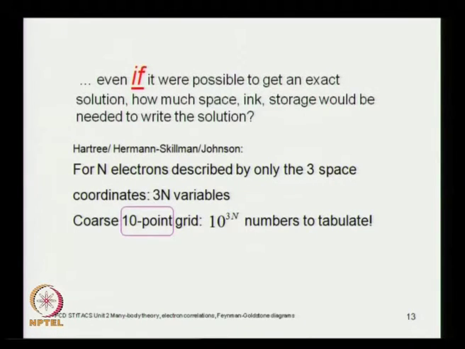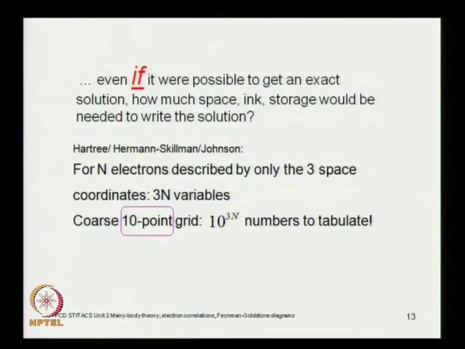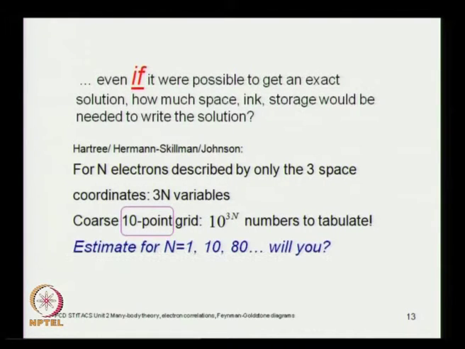If you take a 10-point grid, then you have 10 to the power 3n numbers to tabulate, and you will get a very bad wave function on a grid which has only 10 points. But even that, you have 10 to the power 3n numbers, and what kind of a number is it? For n equal to 1, it is already 1000. And then for neon, for mercury atom, these are huge numbers.